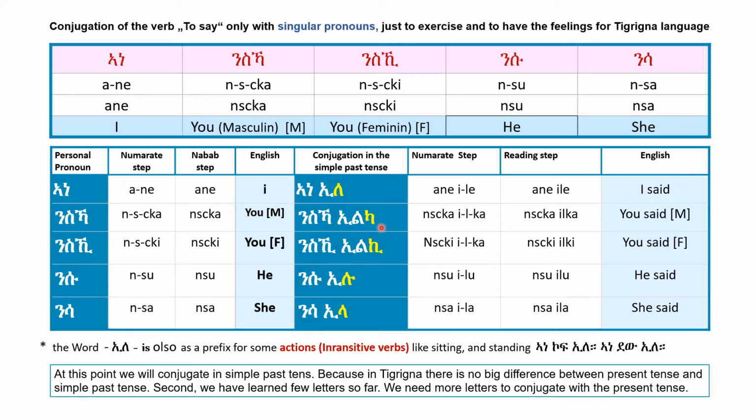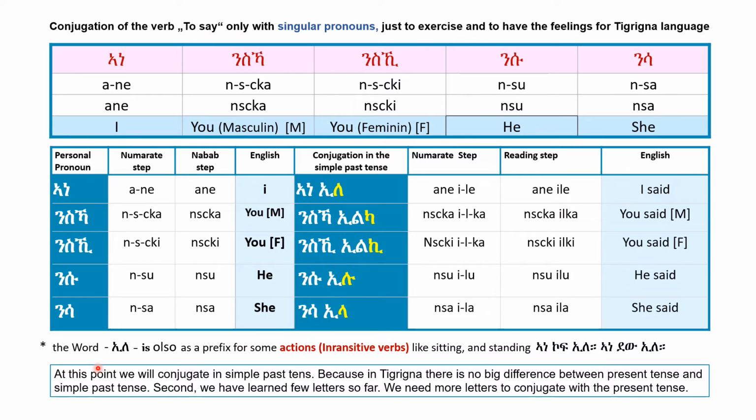Nisra, ilka. Nisri, ilki. Nisu, ilu. Nisa, ila. At this point, we will conjugate in simple past tense, because in Tigrinya there is no big difference between present tense and simple past tense.